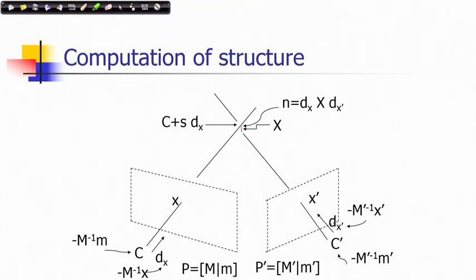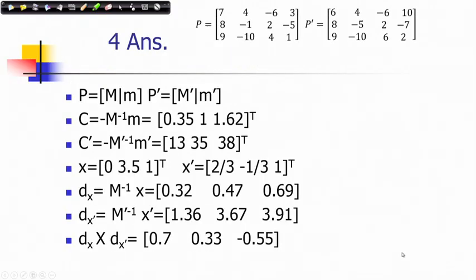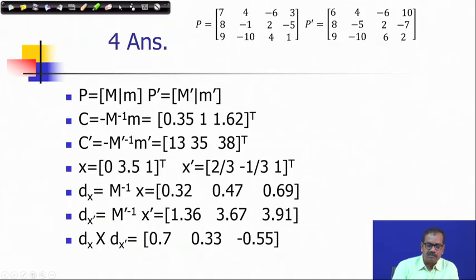Similarly, C prime plus t dx prime is another point. What we need to find is which s and t satisfy the constraint that the line joining those two points, given by these values of s and t, is perpendicular to the directions of both rays. We translate that into a constraint and then solve for s and t. So, these are the computational steps.